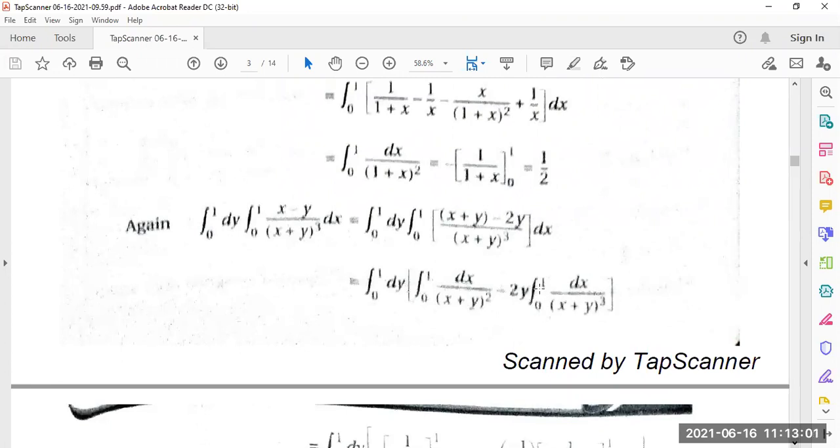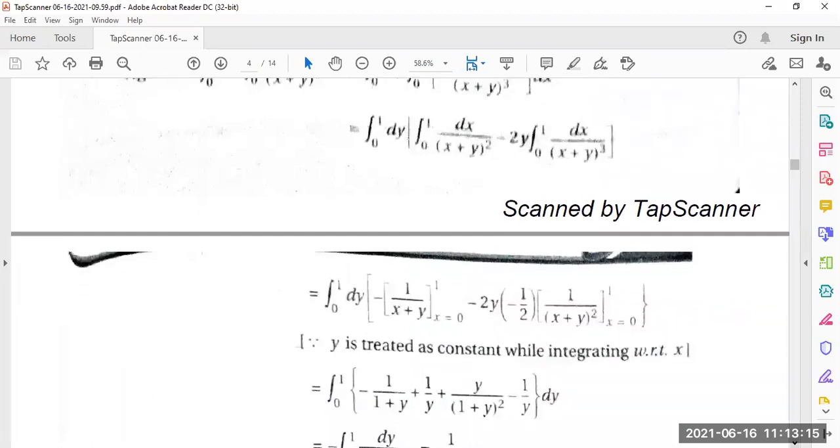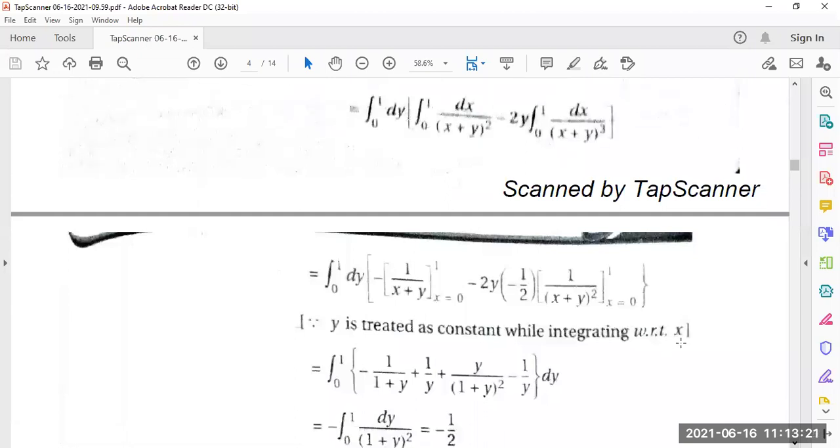With respect to x the integral is made, so 2y is the constant. It is coming out of the bracket. After that, they put the limits. Y is treated as constant while integrating with respect to x.